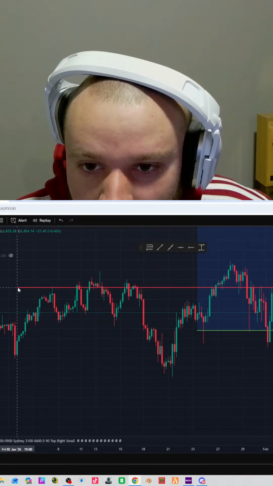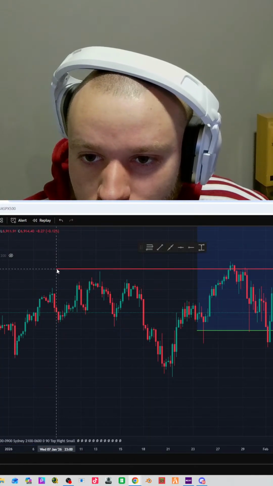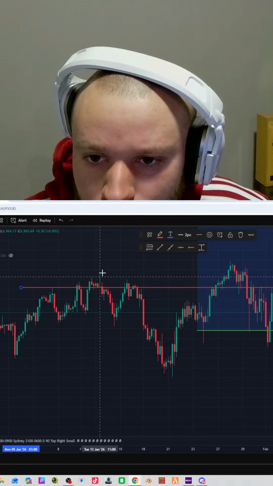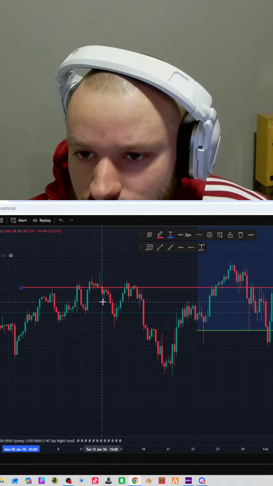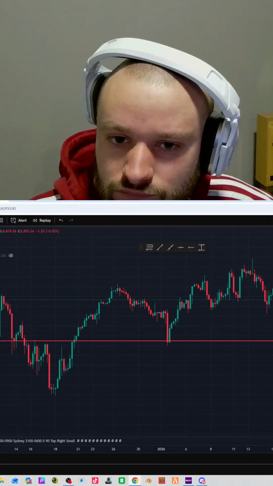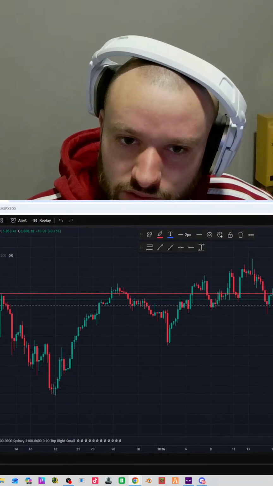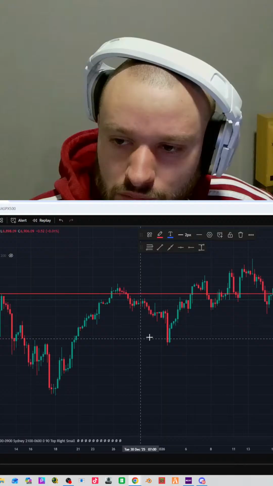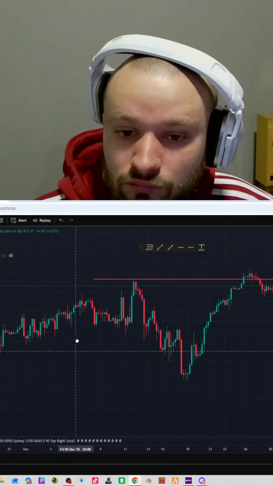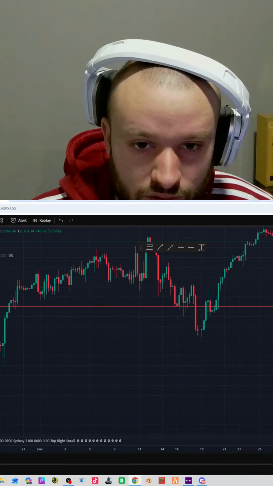Let's see here. Would this be considered a liquidity sweep? I don't know. There's a high. Look, I think this swept liquidity. Boom.